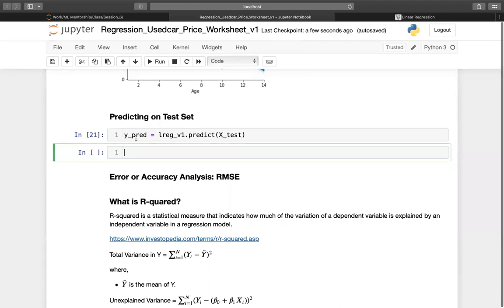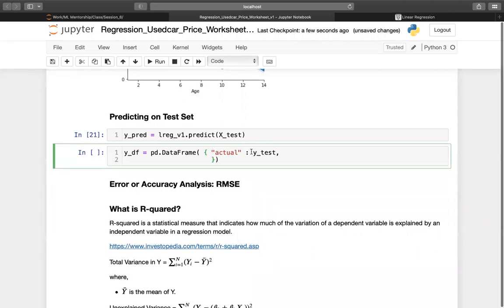Now how close is it to the actual values? To do that, we can create a data frame and first store all the details here. You can create a data frame on the fly like this, pd.DataFrame, and then pass a dictionary. Let's say we create a column called actual and store the actual value, which is y_test, remember, and the predicted value of the model, y_pred.